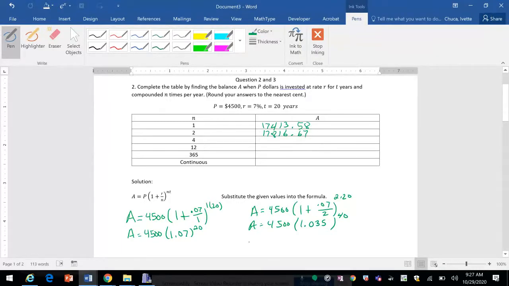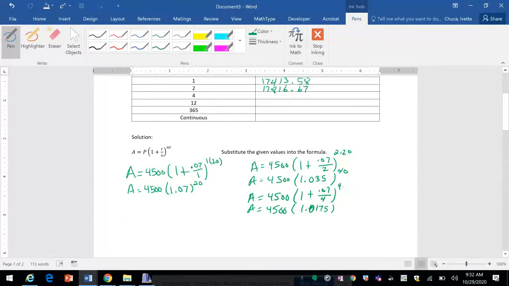And so you want to keep doing this. We're going to replace our N now with 4. So we have 4 times 20. 4 times 20 is 80. So 0.07 divided by 4 is 0.0175, plus 1 would give us this.